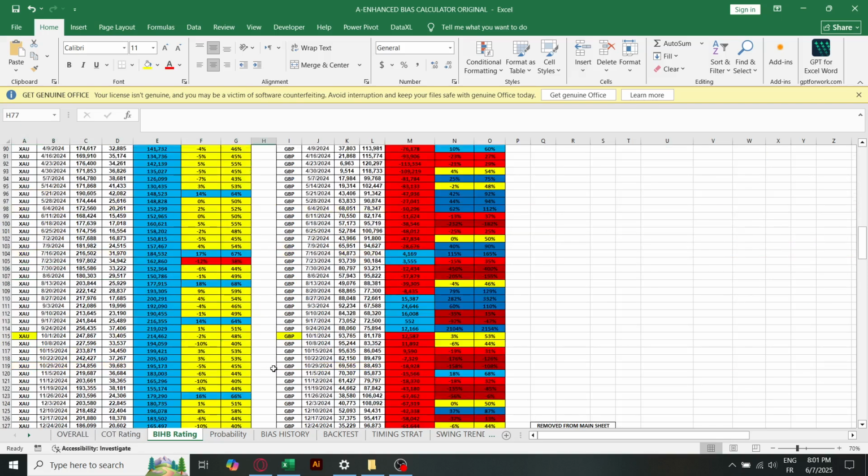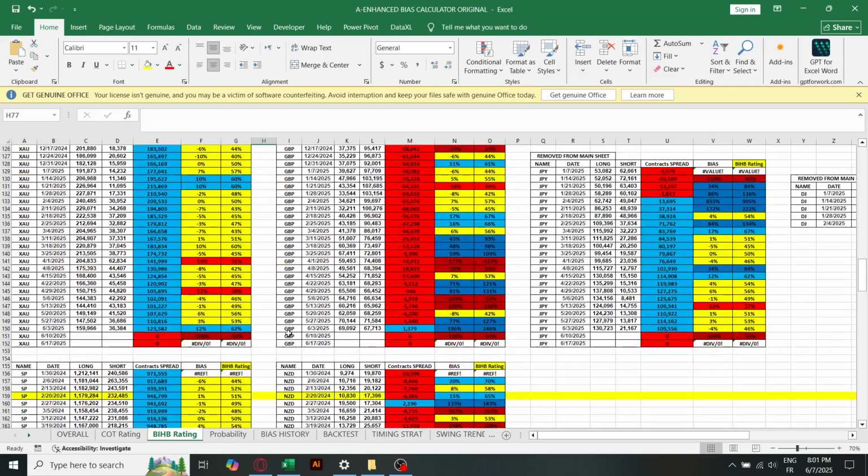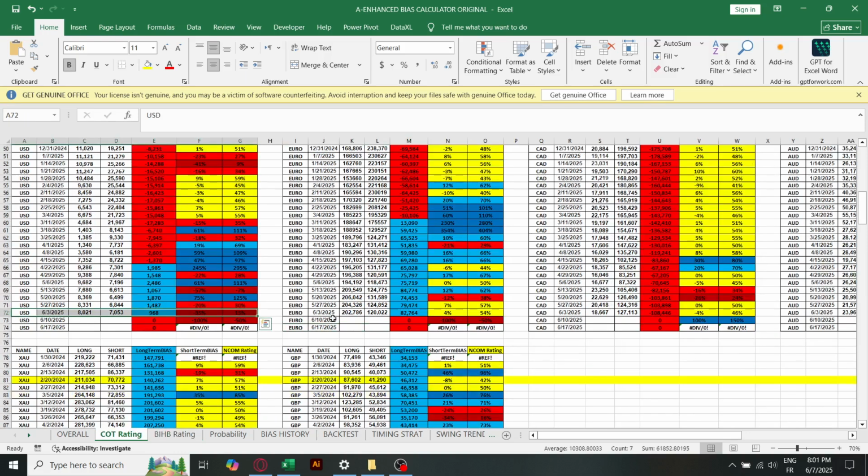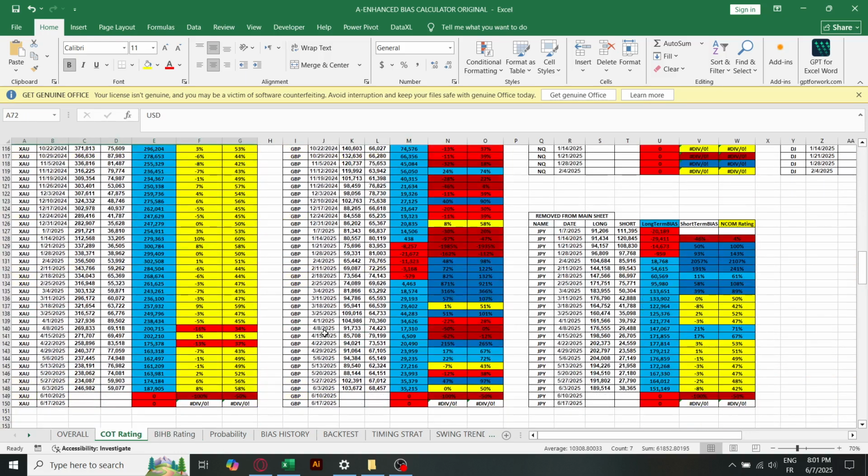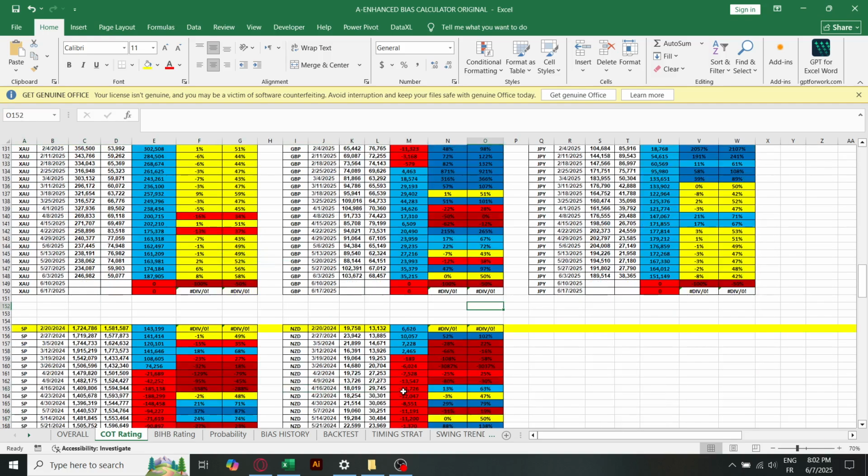In the others, we can see that the asset managers were buying the pound, and the non-commercials, which are the large speculators, were neutral.